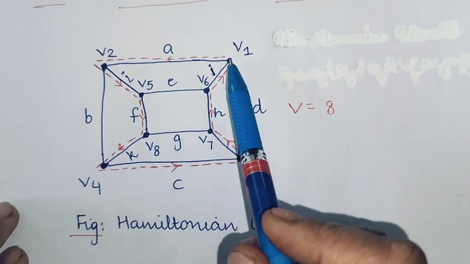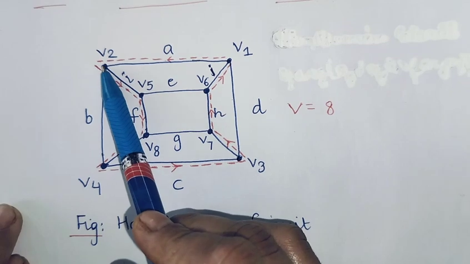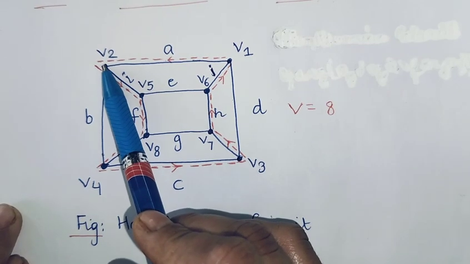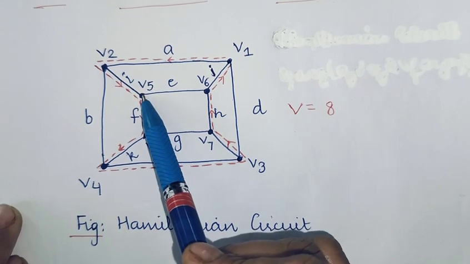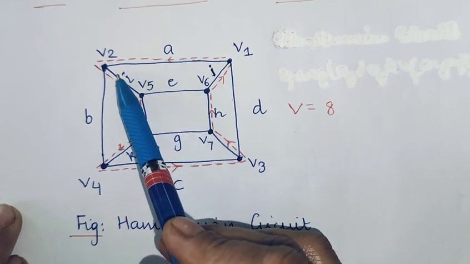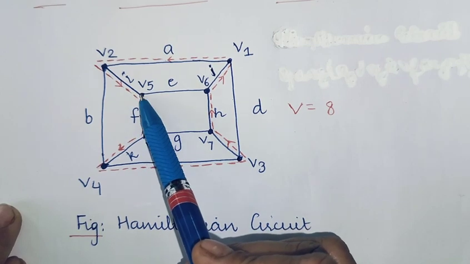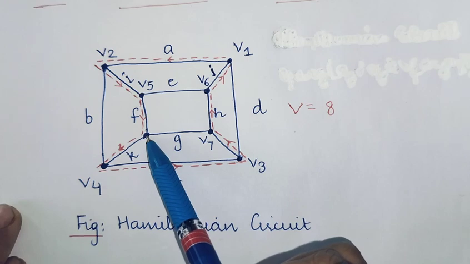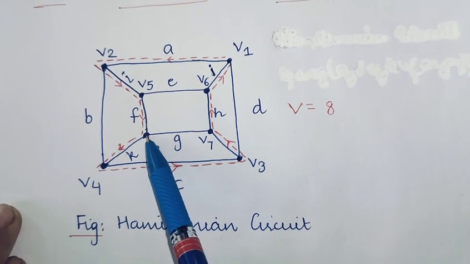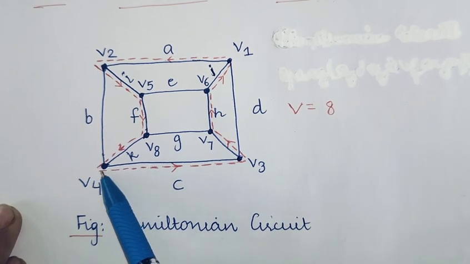So I shall begin from vertex V1, travel along edge A and reach vertex V2. From vertex V2, I will travel along edge I, reach vertex V5. See, the directed arrows are showing you the direction of the walk. Then from vertex V5 I shall travel along edge F and reach vertex V8. From vertex V8 I shall travel along edge K and reach vertex V4.